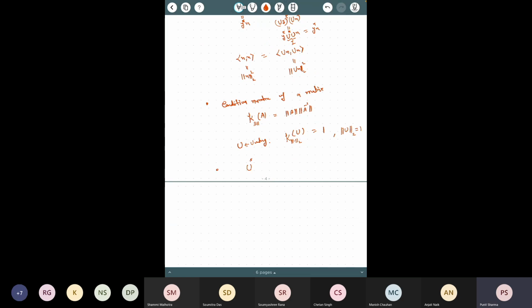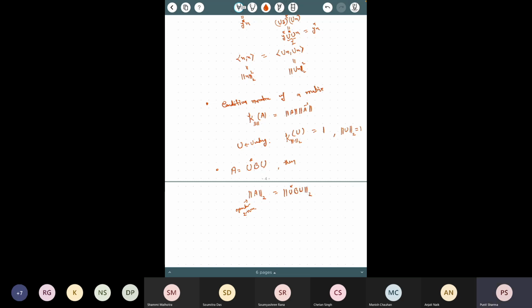Now, if you use this unitary matrix for the similarity transformation, that means suppose that A is obtained by applying unitarily similarity transformation on B by using this matrix U. Then clearly you can see that the operator 2 norm of A is same as operator 2 norm of B. Why?